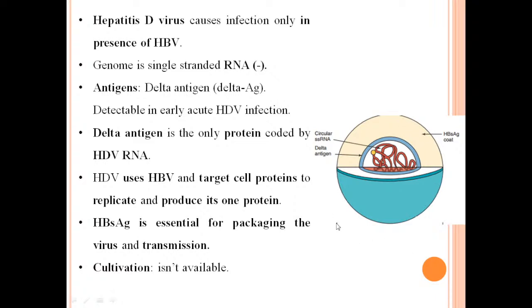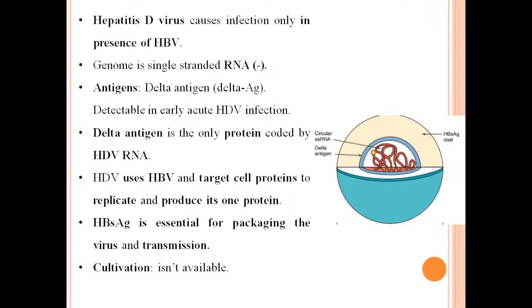So we can't see what the shape of this virus is, because hepatitis D virus is only nucleic acid, RNA negative, and delta antigen, which is produced in the presence of hepatitis B.